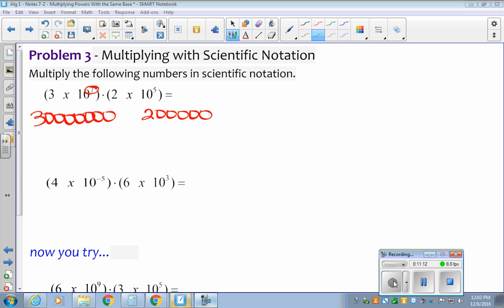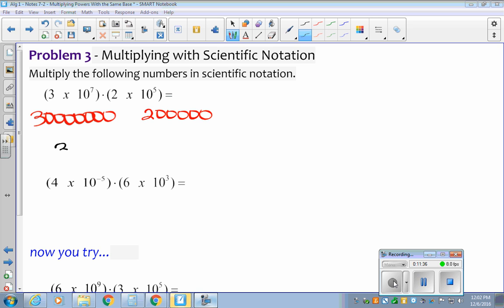So scientific notation. For me, it's impossible for my tiny pea brain to multiply these two together and write it in a way I don't have to write a whole bunch of zeros. So we use scientific notation to save us time. So we're going to use the same things that we were using before, the same process.